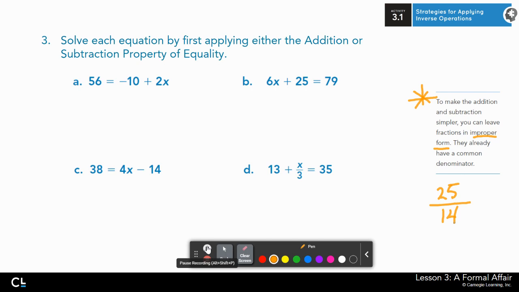So, for example, prioritize 3A, 3B, and 4A and 4B so that you can get that practice in. Alrighty, at this time, pause here, set your timer for about 15 to 20 minutes to practice.